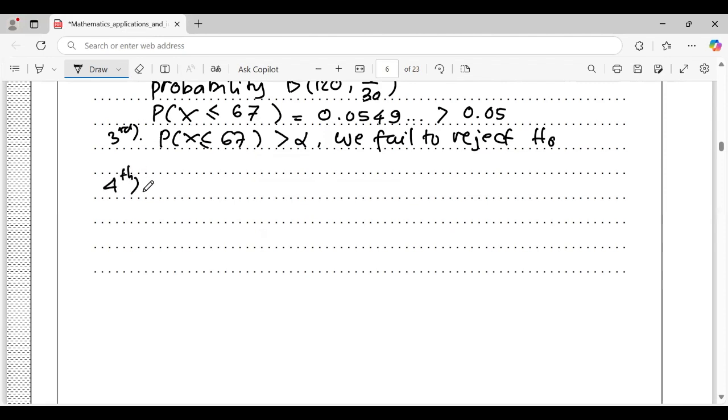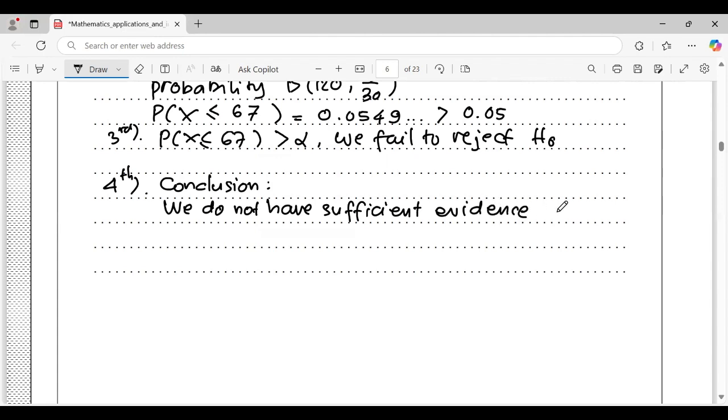And the fourth step, the conclusion. We do not have sufficient evidence to reject the null hypothesis at alpha equal 5%.